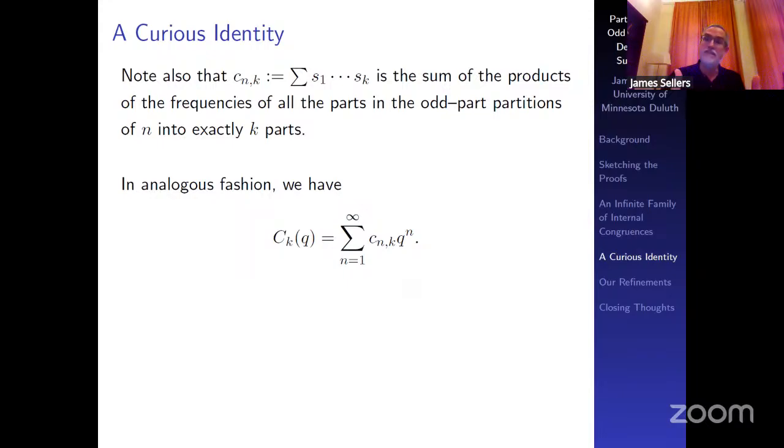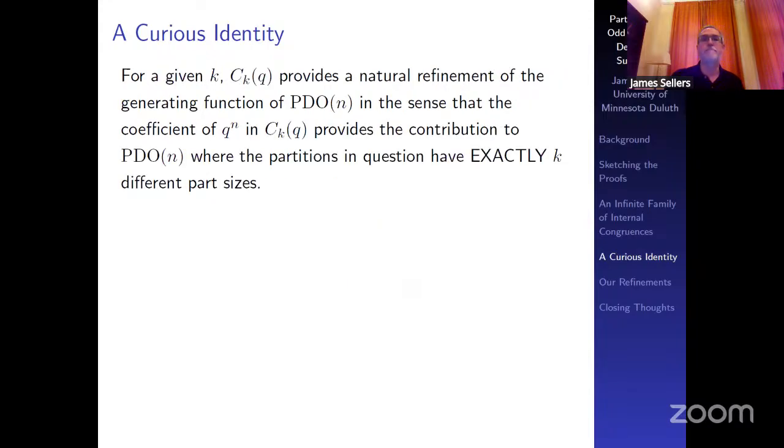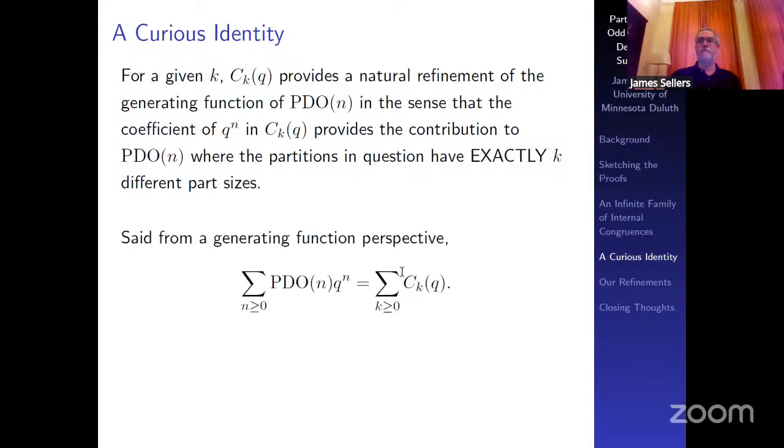And so what this means is that this provides us potentially with another way of viewing the generating function for PDO. And this is exactly what I just said, but in generating function terms, this is what we have. So now, instead of looking at the generating function for PDO as this eta quotient where everything is sort of wrapped up together, now what I can do is think of the generating function for PDO based on exactly the number of parts in a given PDO partition.